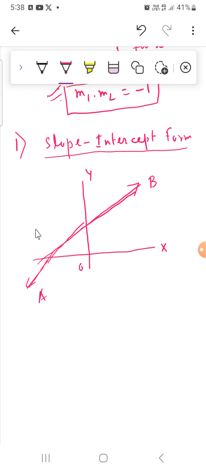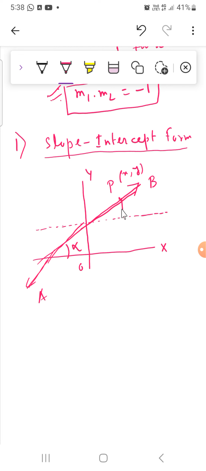Now if we take a line parallel to the x-axis, a straight line which is parallel to the x-axis, and a point P I am taking on the straight line AB with coordinates x, y. The angle made by the straight line AB with the x-axis is alpha.